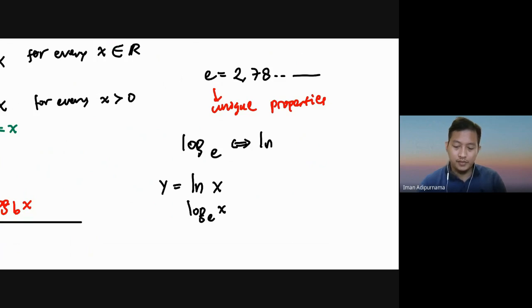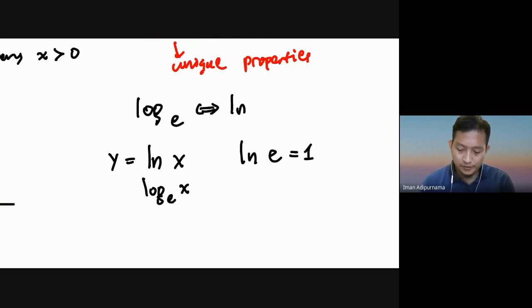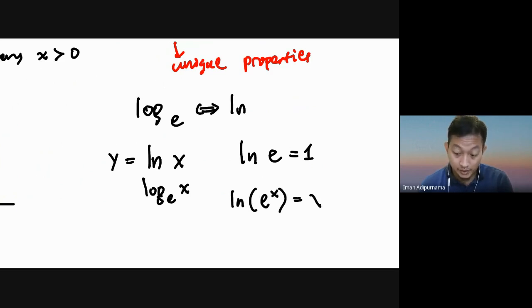The unique property of this e is that ln e is equal to 1. And if you have ln of e to the x, this is equal to x, of course with the inverse concept.